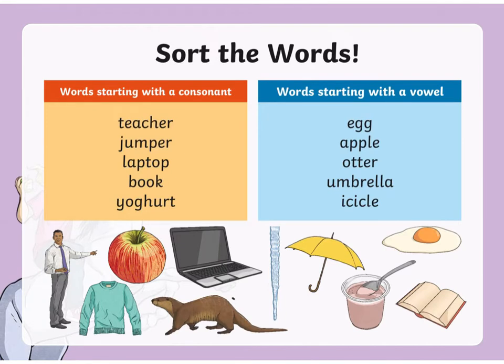Now, let's sort the words. Which words? Consonants and vowel. Words starting with consonants are teacher, jumper, laptop, book, yogurt. Words starting with vowels are egg, apple, otter, umbrella, icicle. Now, let's identify with the picture.